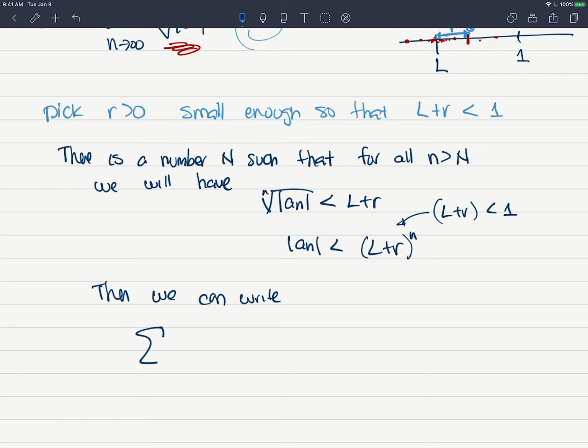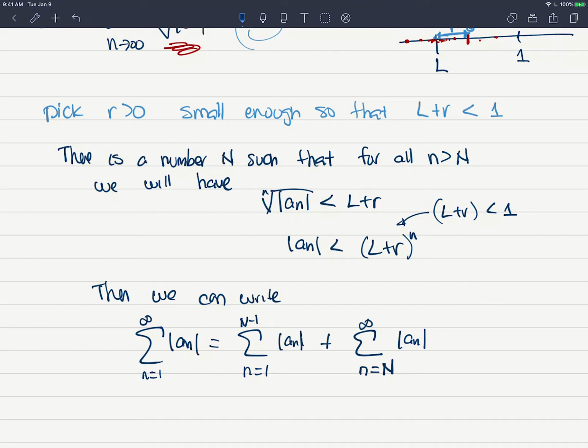Okay. So that's all we need, because then we can look at the series of the an, and I'm going to prove that it's absolutely convergent. So I put in absolute values. If I add them all from 1 to infinity, it's the same as adding the first N minus 1 terms of these an, and then adding the ones after that, from n equals N up to infinity.